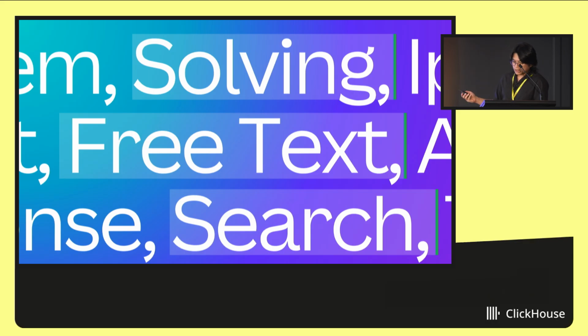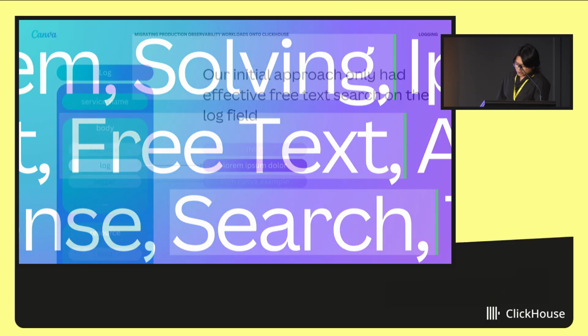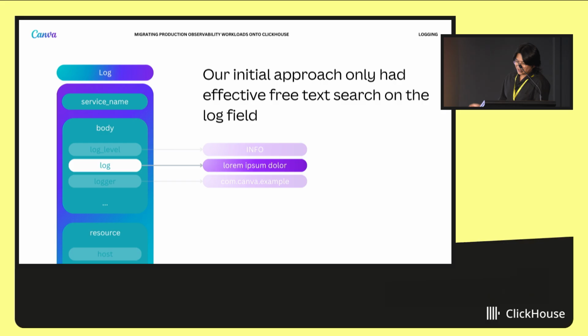So for logging, the bulk of the work was in delivering a good logging experience for users. To make that happen, we really needed to make free text search work with ClickHouse. Coming from Elasticsearch, our users are used to not really caring about using filters. They just chuck in the term in the free text search and expect it to work.